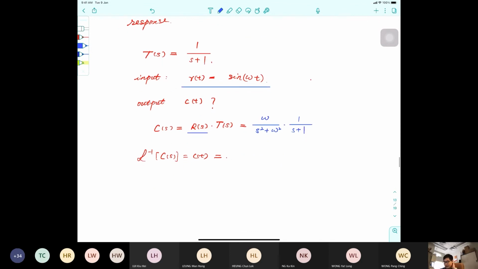And after inverse Laplace transform, we can have two parts.